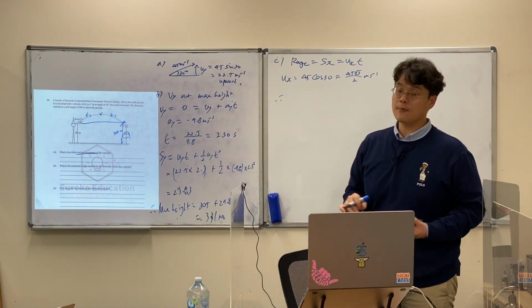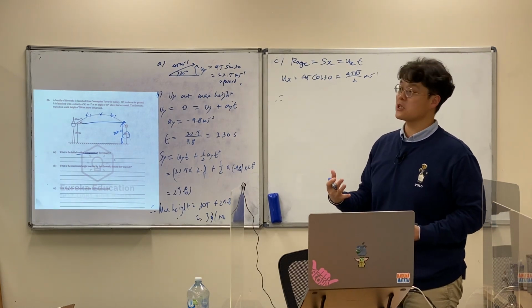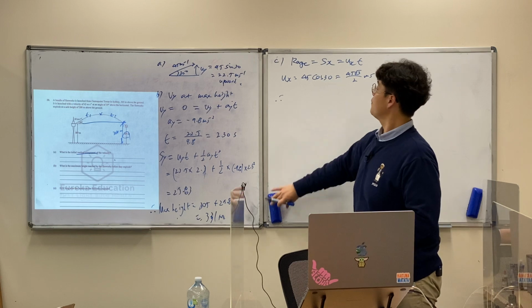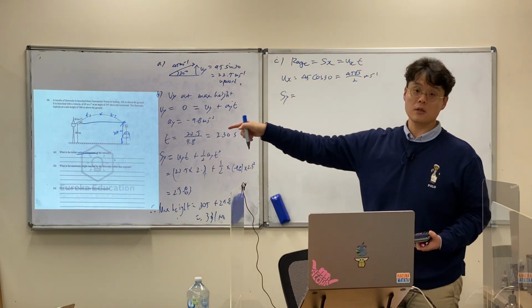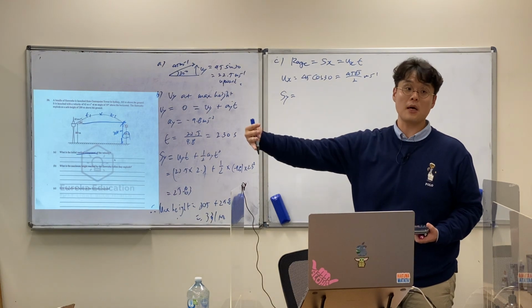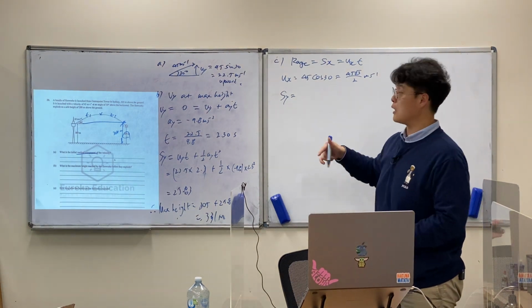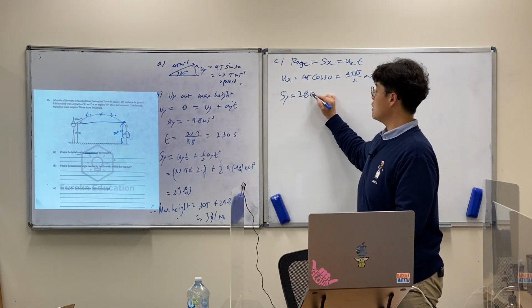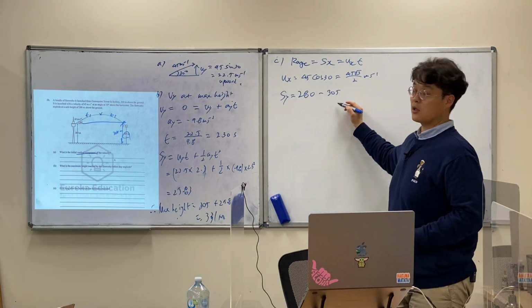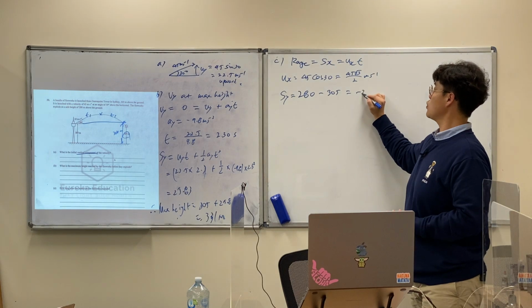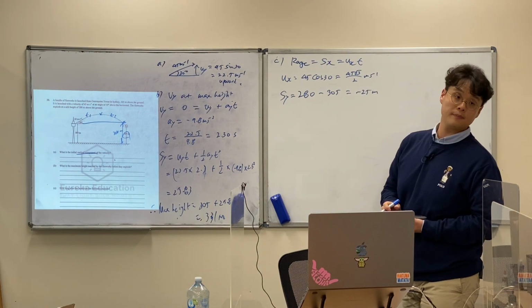What is the final displacement? The final Sy is the final position minus the initial position, which we learned in Year 11: 280 minus 305, giving minus 25 meters, down.